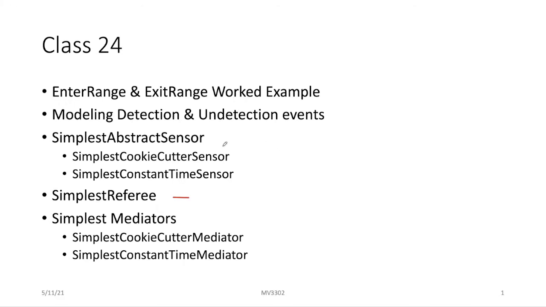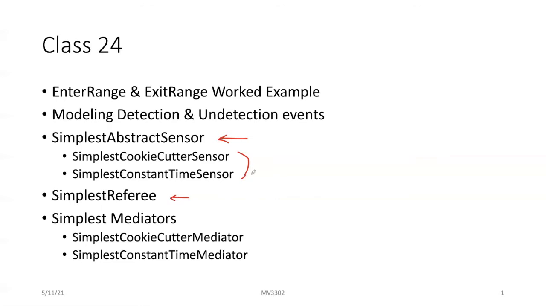To that end, since there are going to be a number of different classes that will implement different rules for scheduling the detections, because there is some constant or common capabilities, we're going to have an abstract sensor that we're going to define, and then have some concrete subclasses. So for this, we're just going to look at the cookie cutter and that constant time. So just to show that there are going to be two different ones.